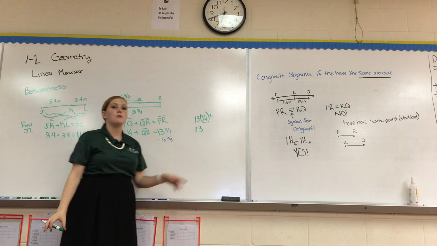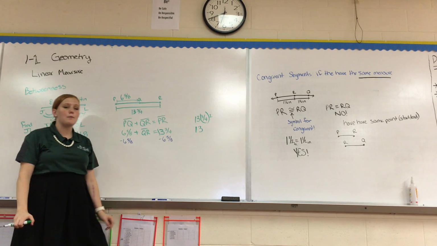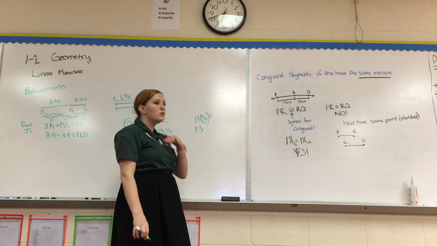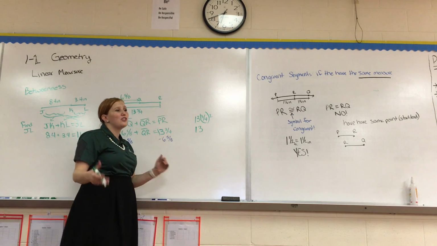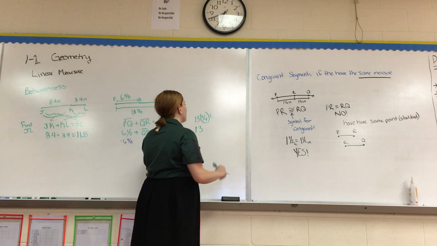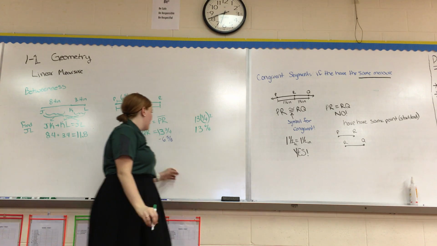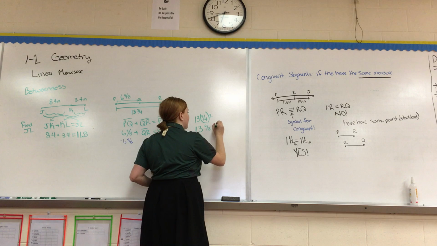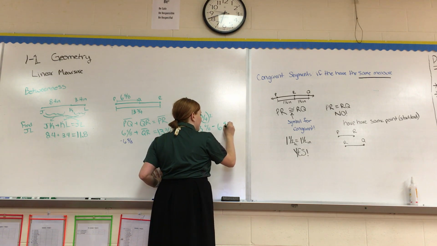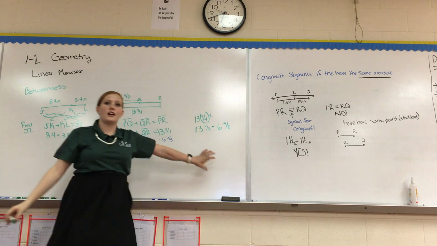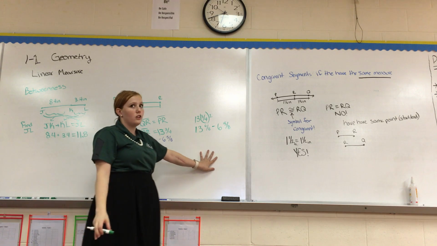Does multiplying it by 2, both on the top and bottom, change that fraction? No. The fractions are equal. It's just a simplified version. So we get 13 6/8 minus 6 5/8.